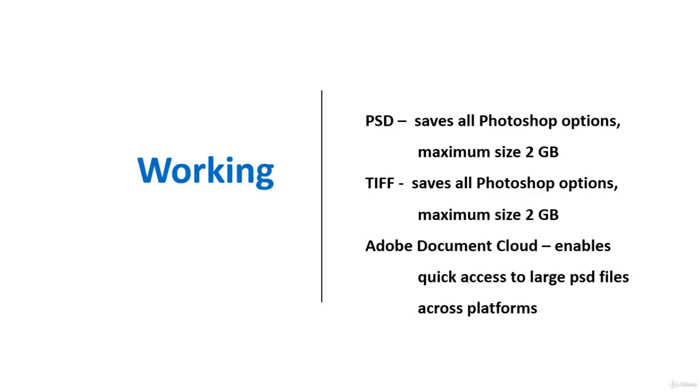The PNG is a popular file format to save graphics for the web when the graphic requires a single layered or a flattened file, but still needs to display transparent areas.